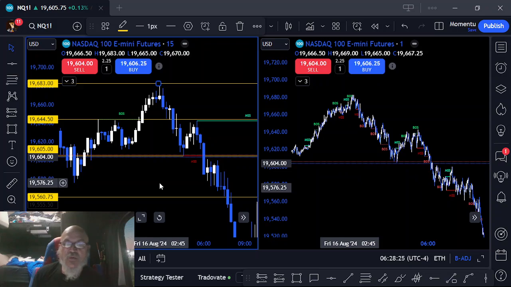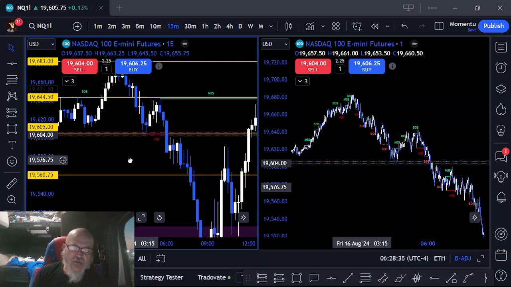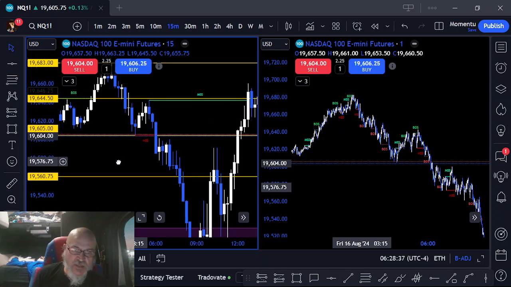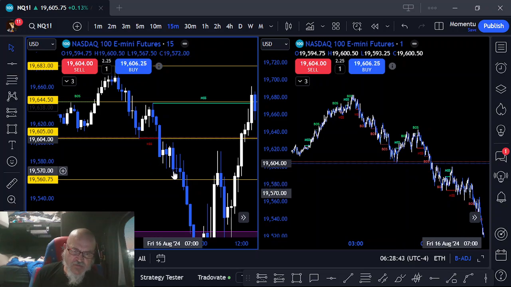From 6 a.m., we start moving at 90-minute increments. So from 6 a.m. to 7:30 is my next time-based liquidity level that I'm looking for. So if I go from 6 a.m. to the 7:15 candle, that ends the session at 7:30, and the 7:30 candle starts.